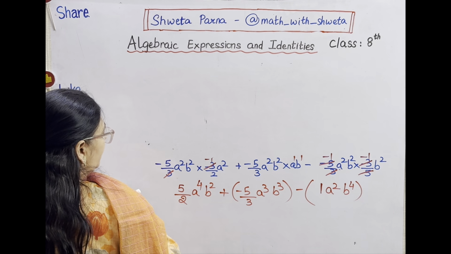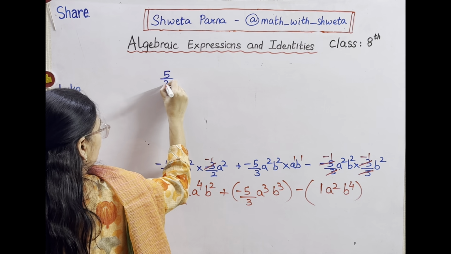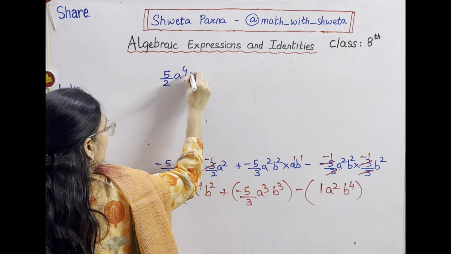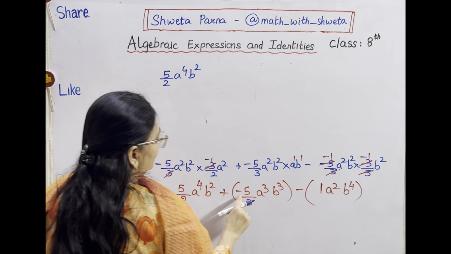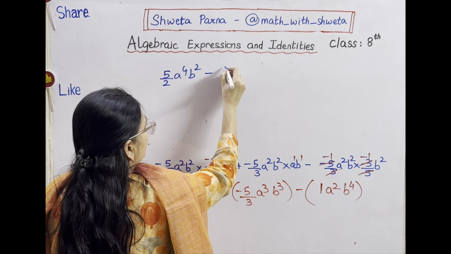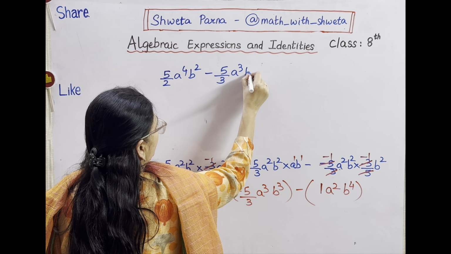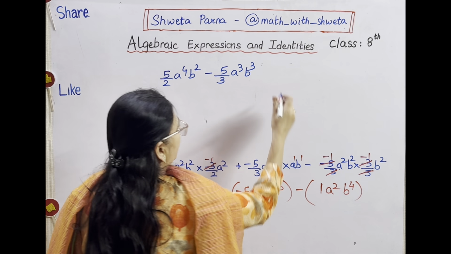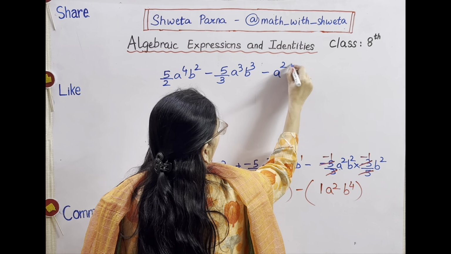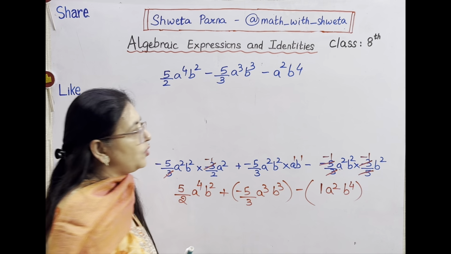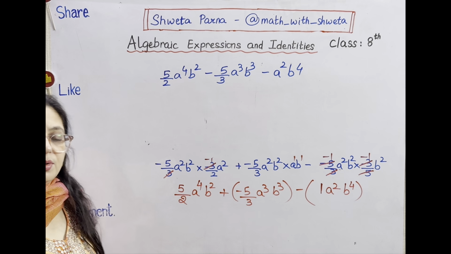So the answer would be 5 upon 2 a raised to 4 b square, plus and minus will become minus 5 upon 3 a cube b cube minus a square b raised to 4. This becomes your answer. Let's go to the next question.